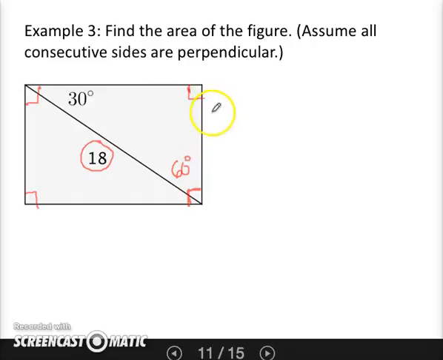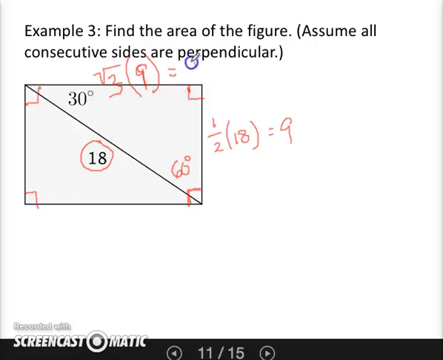So for a 30, 60, 90, the shorter leg is going to be half of the hypotenuse. So we have that this is half of 18, which is 9. The longer leg is going to be the square root of 3 times the measure of the shorter leg, which is 9.